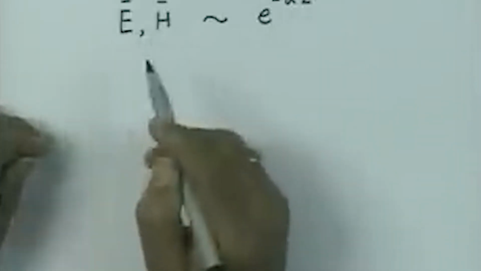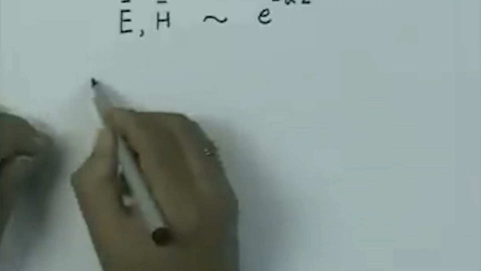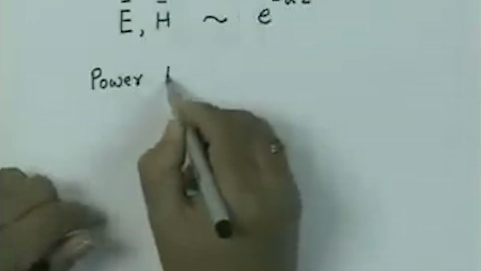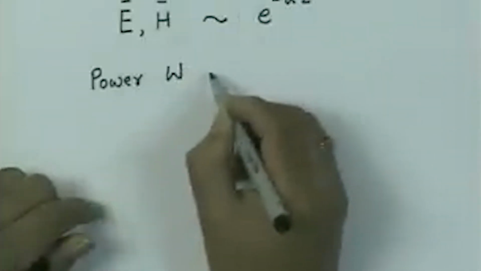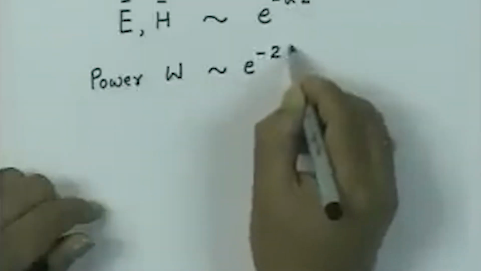So, the power, which is proportional to mod E square or mod H square, because power will be E cross H, so the power density or power which the waveguide carries, let us say that is W, varies as e to the power minus 2 alpha Z.